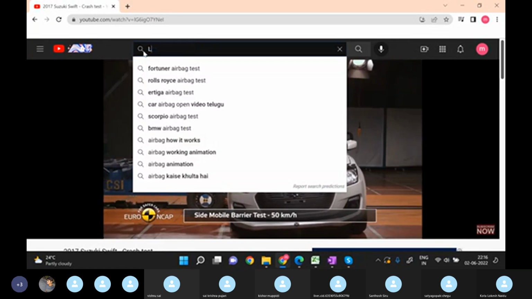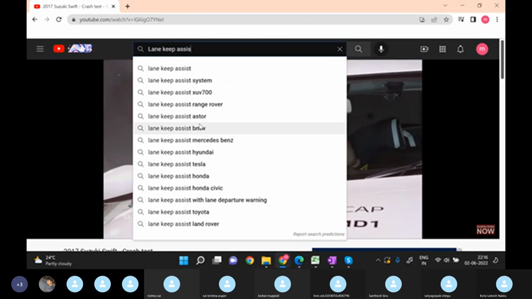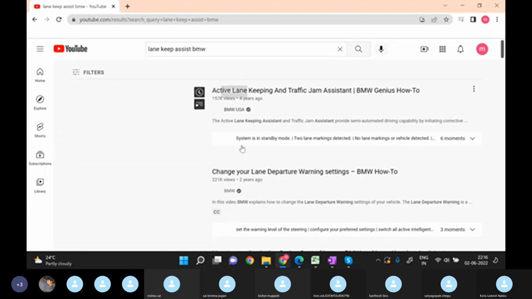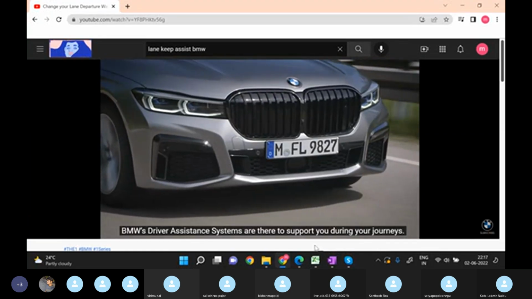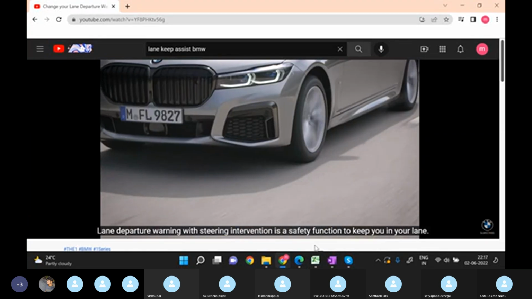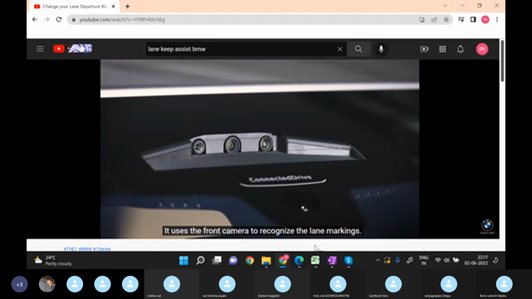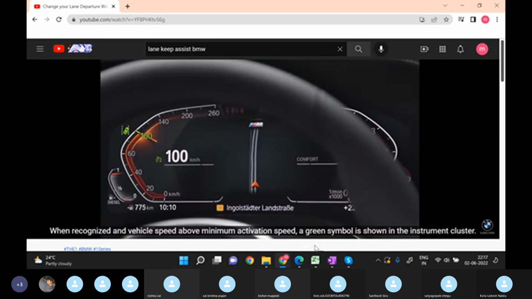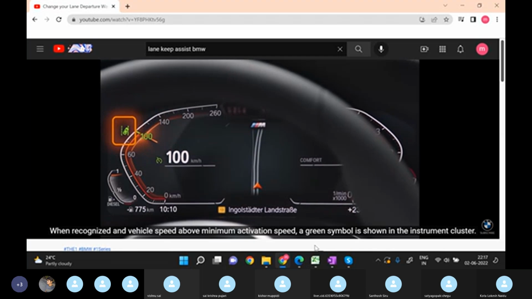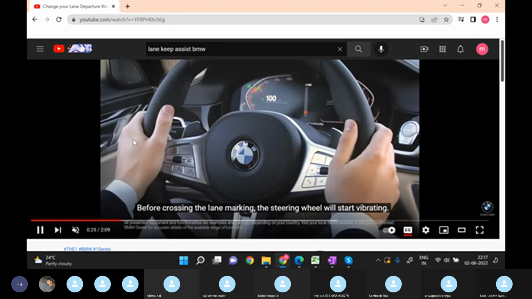You can see the lane keep assistance also. See, you are trying to change the lane, then it is giving a warning here. You can see that the warning might be a sound or vibrations also.